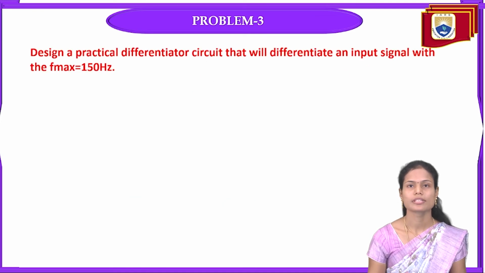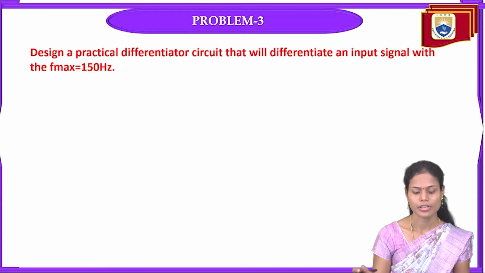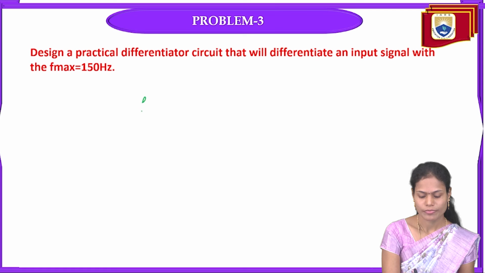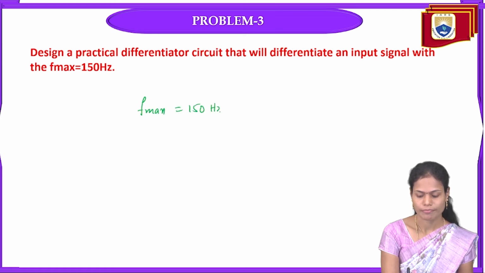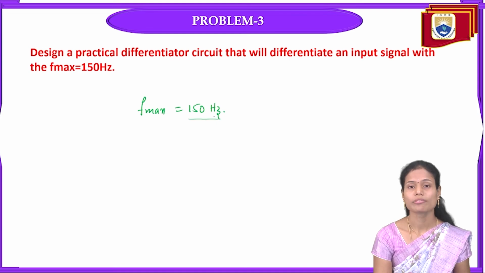And next we will see the second problem, that is, design a practical differentiator circuit that will differentiate an input signal with the F maximum of 150 Hz. So the given value is F maximum, 150 Hz. If we take any particular signal, that may be sinusoidal signal or square wave or step signal, anything, the frequency of that particular signal is 150 Hz.